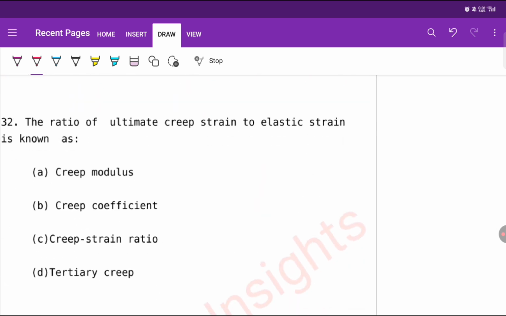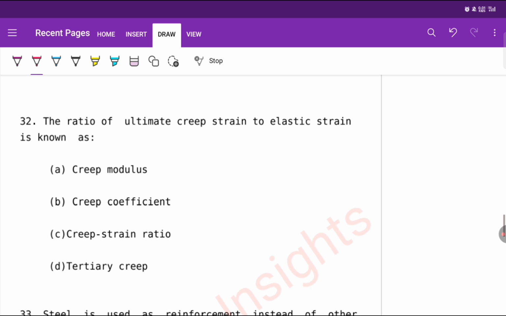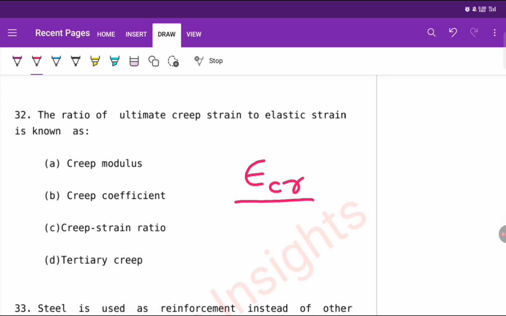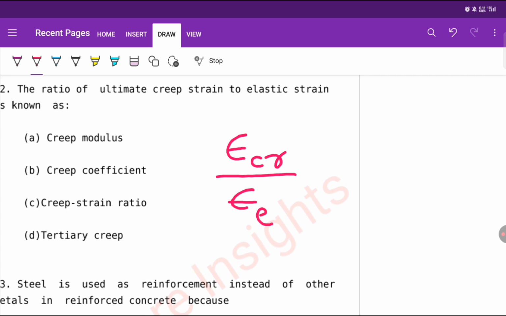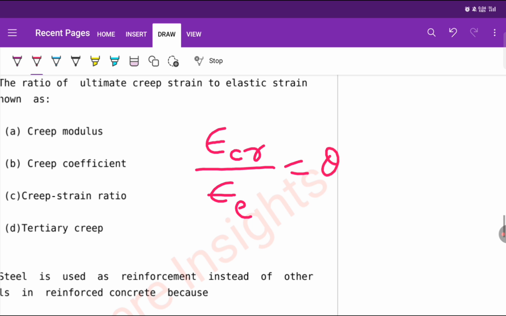Coming to the next question: the ratio of ultimate creep strain to elastic strain. Ultimate creep strain is denoted by epsilon cc, upon epsilon e. This is denoted by theta, and it is called the creep coefficient.